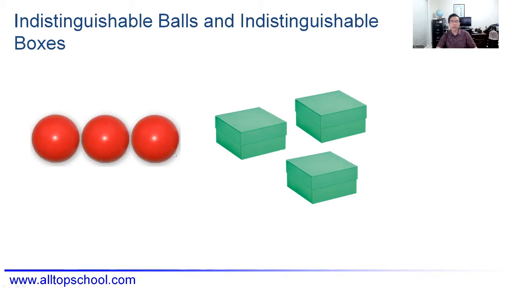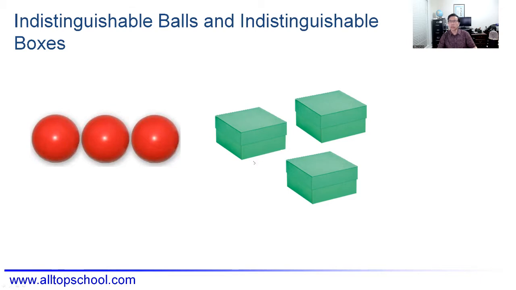It's just one possibility. If each box has 1, that's only 1 way. If I put 2 red balls into one box, and the other boxes could be 1, 2, 0, or 1, 2, 0 in any order, there will be no difference. So these are called indistinguishable balls put into indistinguishable boxes.